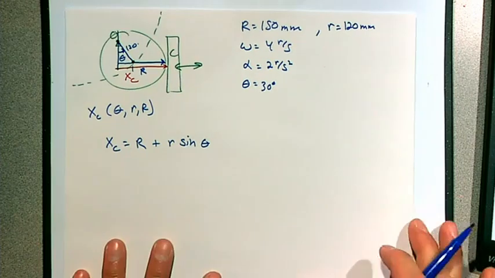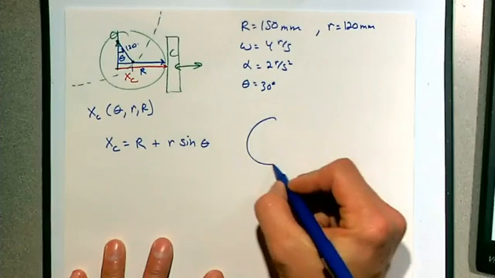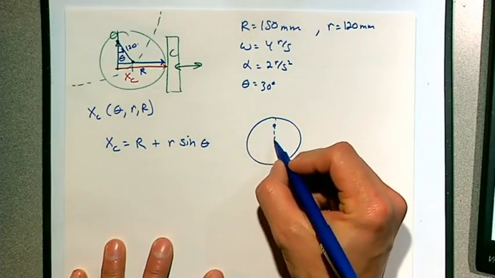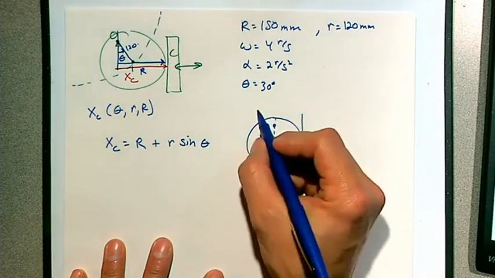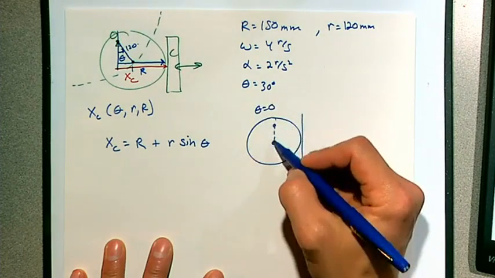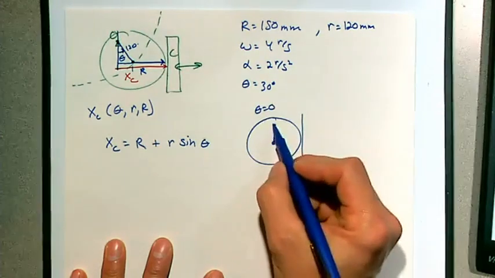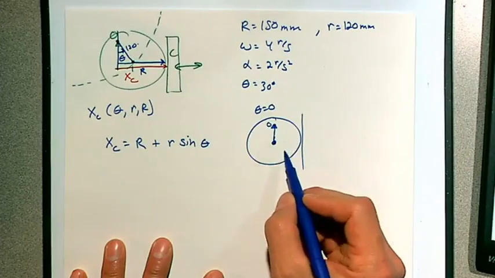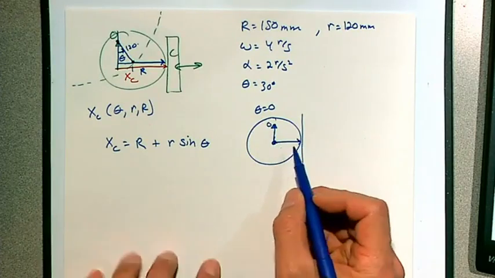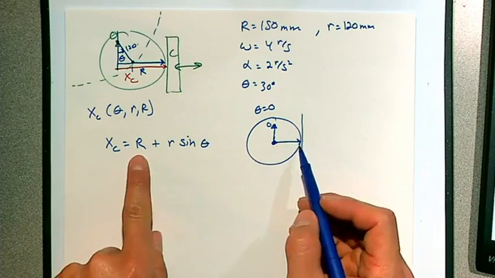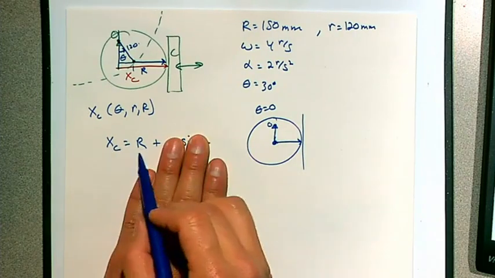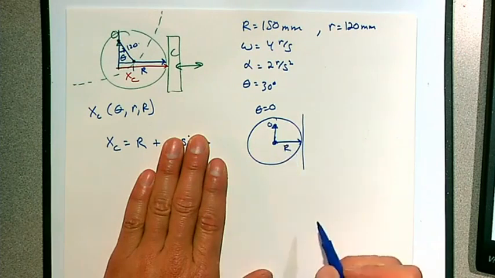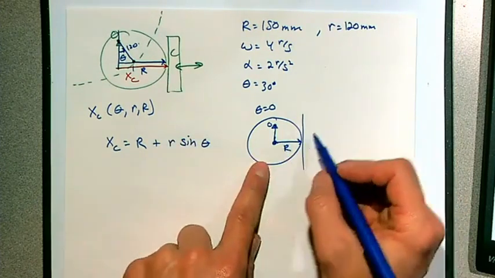So maybe to help you think about, well, what does this thing look like? This would be my theta equals 0. Straight down, right? To my center of gravity from point O. That vector that I'm measuring, sine of 0, xc is just R. Check. That makes sense. What about 90?